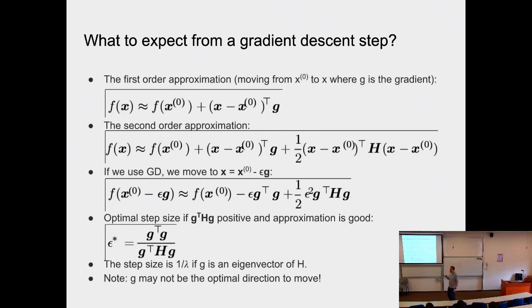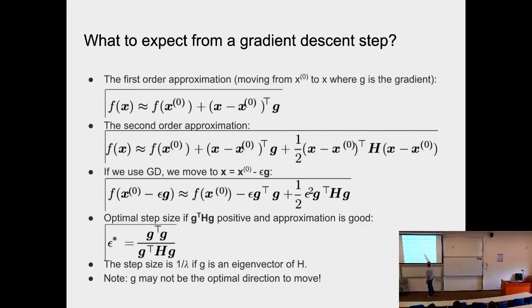Okay, so the first order approximation is no good though, because it doesn't tell me how far to step. If you just look at the first order approximation and try to calculate the step size, it would be infinite. As we said before, what's limiting your ideal step size is the second derivative, so we should look at the second order approximation. And the second order approximation for f of x, if you take the Taylor expansion, is going to look like this.